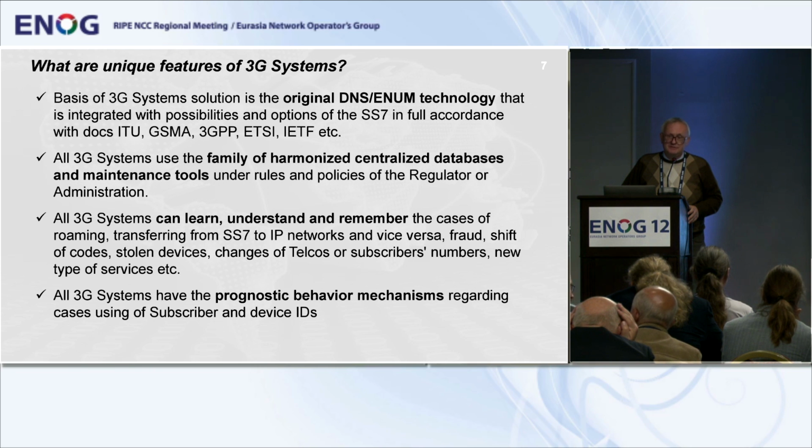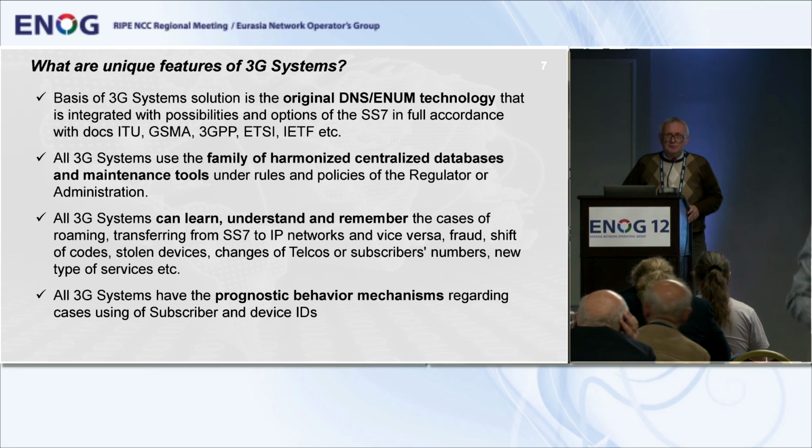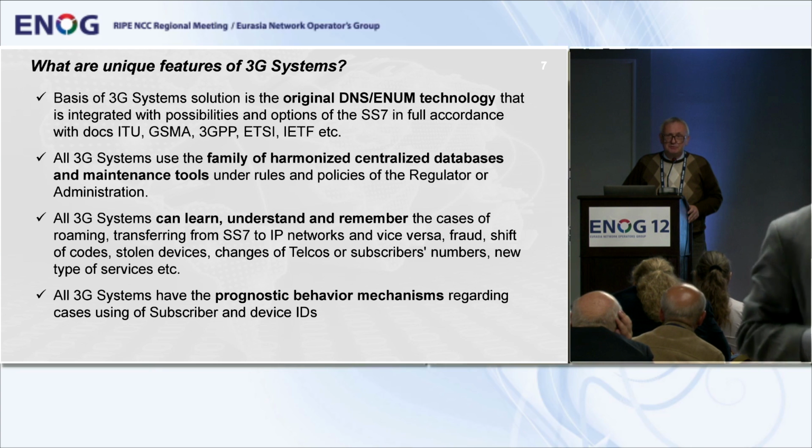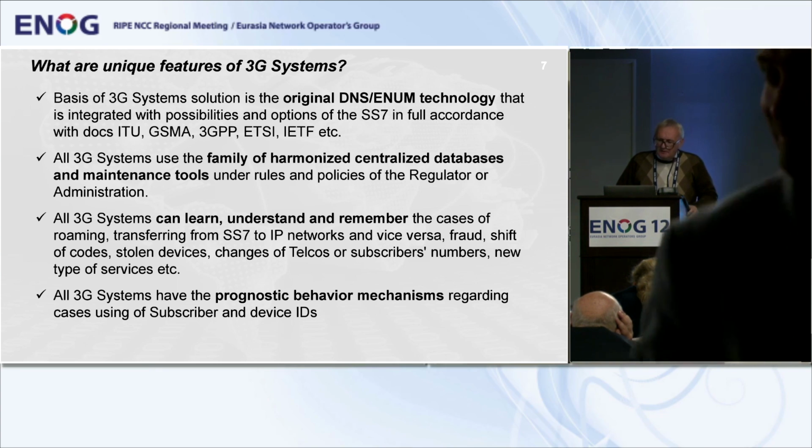Uniqueness of the system is that it's created in line with all the documents like ITU, GSMA, 3GPP, ETSI, IETF. I want to remind that the first RFC on ENUM happened in 1992.